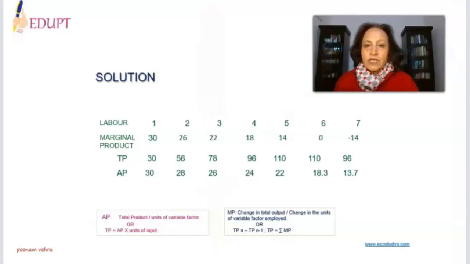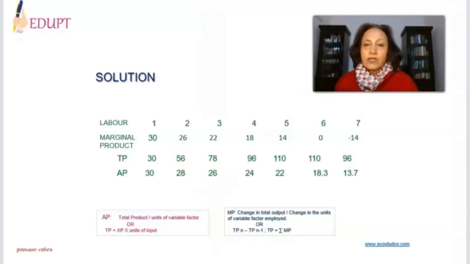Now this is the reverse case. Now here marginal product is given, you need to find total product. So it would be addition. That means when 1 unit of labor is employed, marginal product was 30. With increase in the units of labor to 2, marginal product reduced to 26. So in this case, total product for the first unit of labor will remain the same, that is 30.